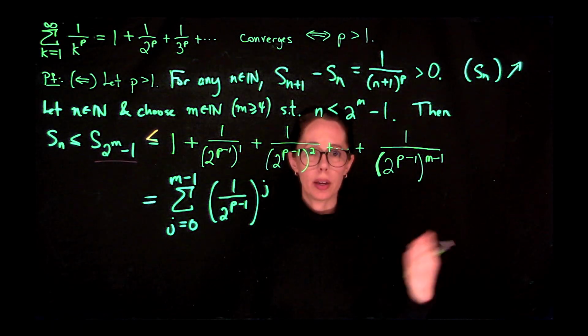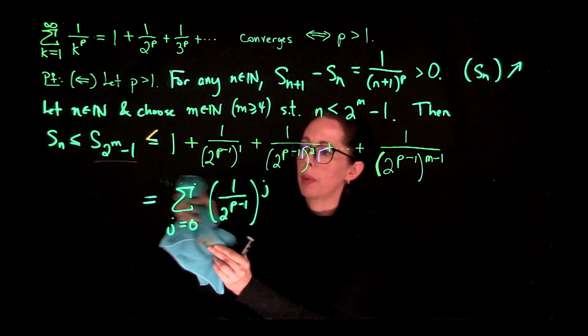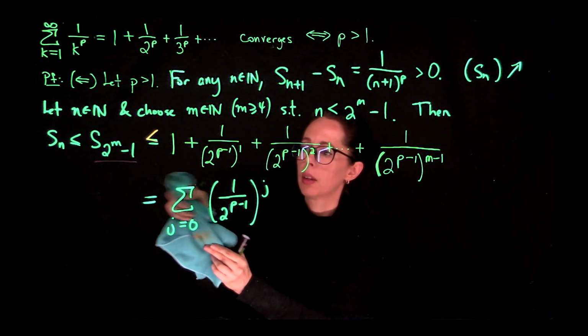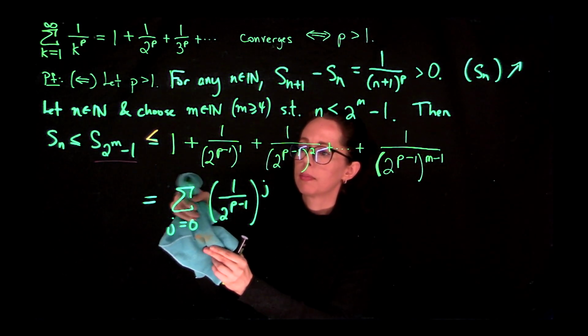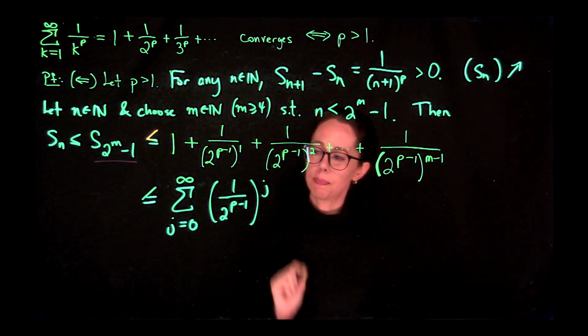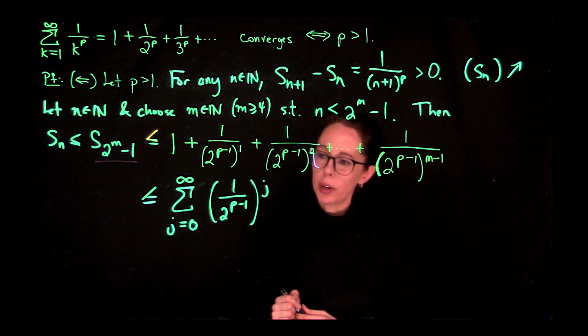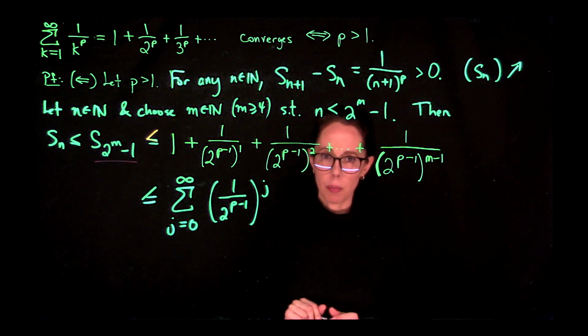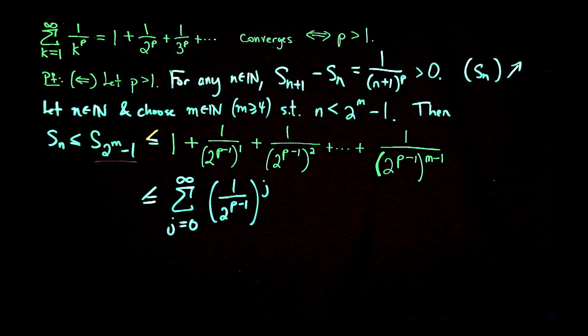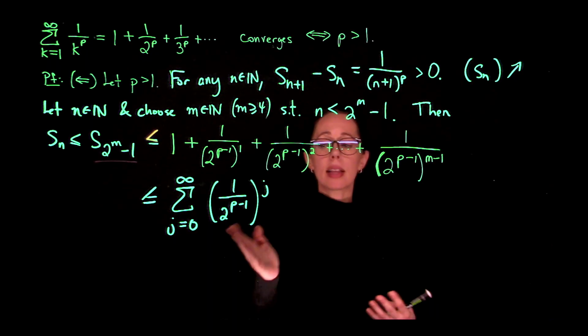We're adding to it positive terms as we expand this. So I'm actually, in the interest of space, going to take this top bar here and replace this upper bound with infinity and go up in size. Now this is an infinite geometric series. We know what it converges to, if it converges. Take a moment to verify that it does. We just need to check that this base, which is greater than 0, is less than 1.